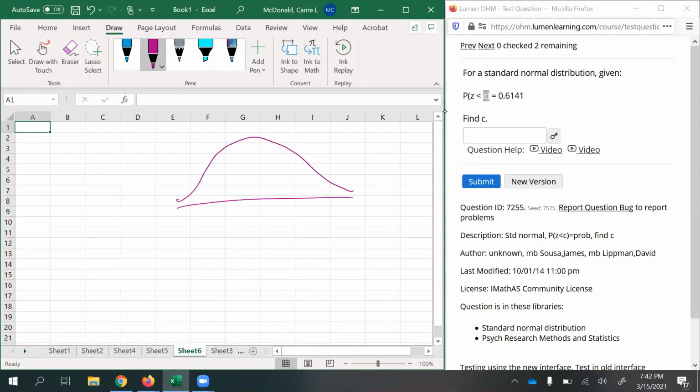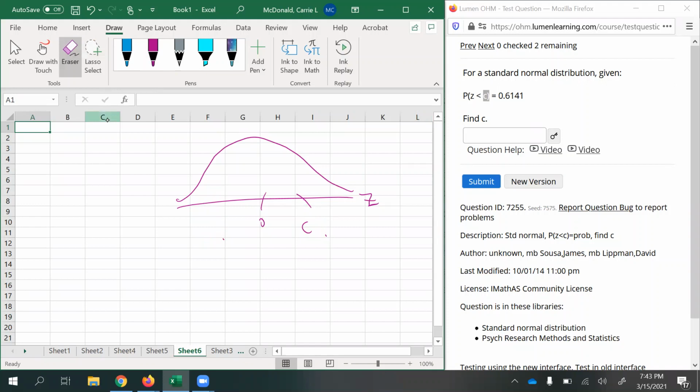It says it's a z-score, so our mean is 0. And it's a given boundary, but we don't know what it is, right? So C is unknown. It's going to go somewhere maybe here or perhaps over here. What we need to do is figure out what that value is, but that's going to be our boundary.